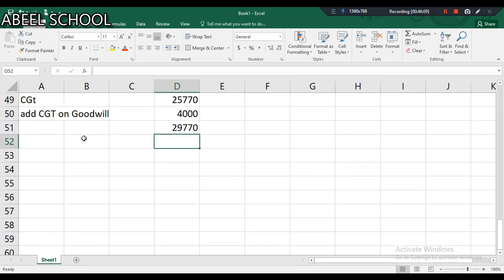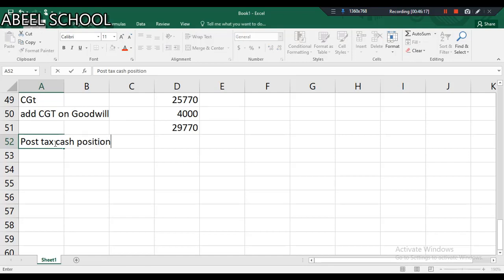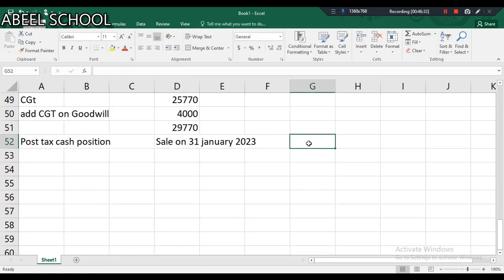Let's calculate post-tax cash position. Sale on 31st January 2023, and the second is sale on 30th April 2023.